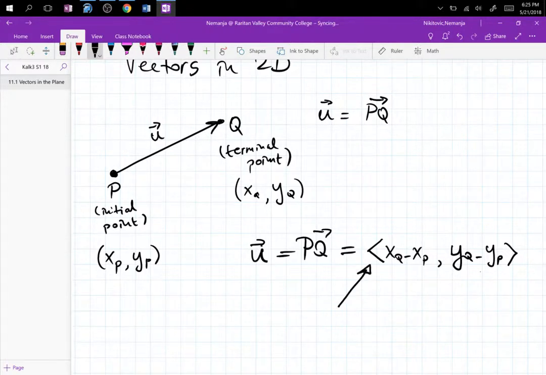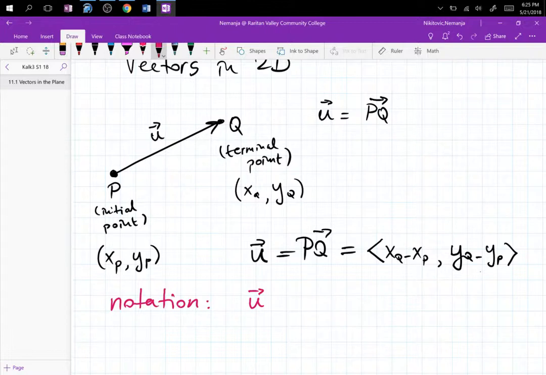Know that these are spiky brackets, and the spiky brackets mean vectors, all right? You have parentheses. So now, notation. Vector u, we know it's a vector because of the arrow.